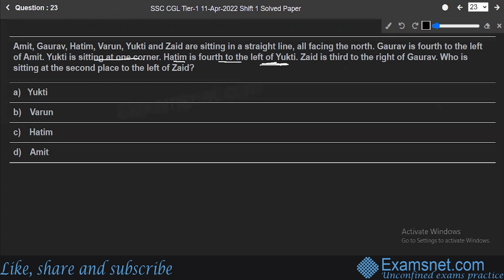First of all, let's make six positions over here. This is 1, 2, 3, 4, 5, and 6. Here is Yukti. Why is Yukti sitting at the right side? This is the right side and this is the left. Because Hatim is fourth to the left of Yukti, so obviously Yukti will be sitting on the right side, right? This is position 1 from the right.